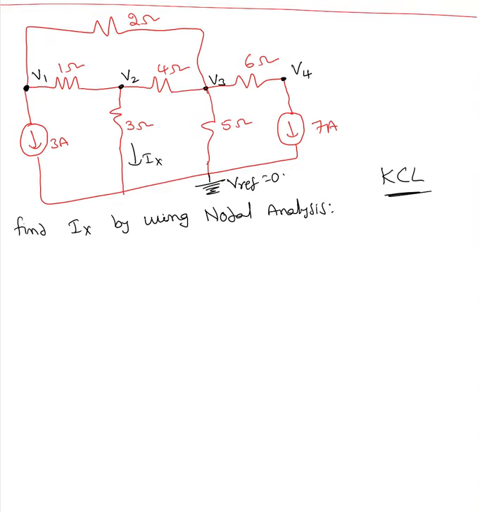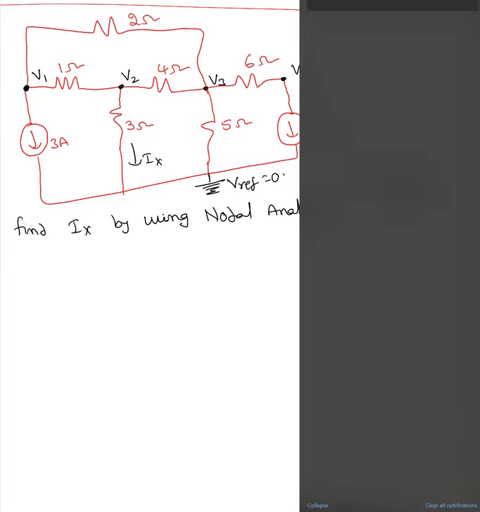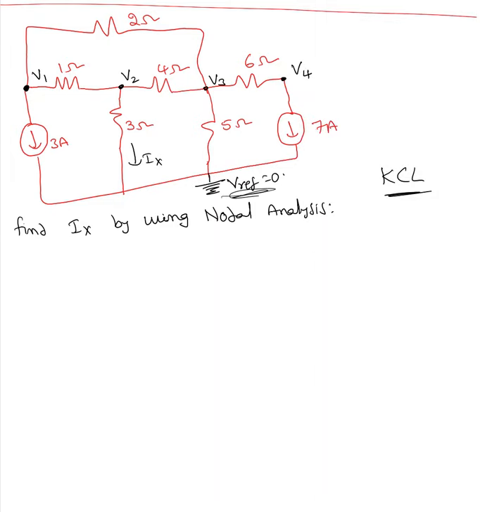Step 2: see if there is a voltage source between V reference and any other unknown node voltage, because we know the reference node voltage is 0. We know only that voltage, but we don't know V1, V2, V3, V4. So check if you have any voltage source between any one of these.